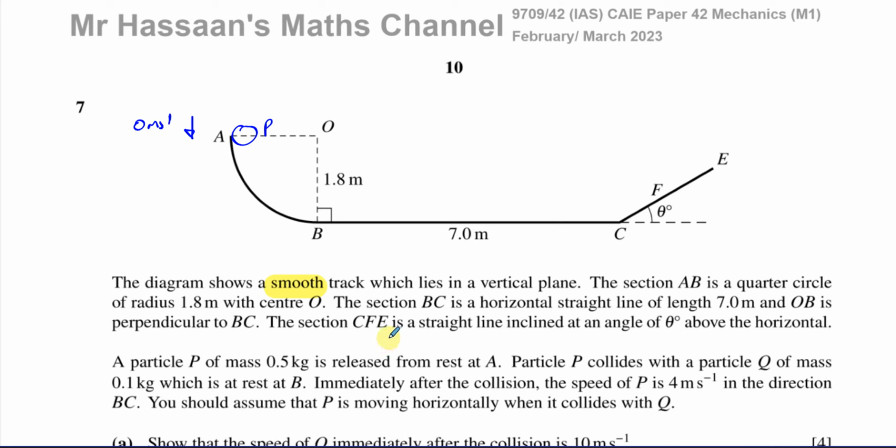And it collides with a particle Q of mass 0.1 kilograms, which is at rest at B. So you have another particle at rest at B. This is particle Q. This one is 0.5 kilograms and this is 0.1 kilograms. Immediately after the collision, the speed of P is 4 meters per second in the direction BC. You should assume that P is moving horizontally when it collides with Q.